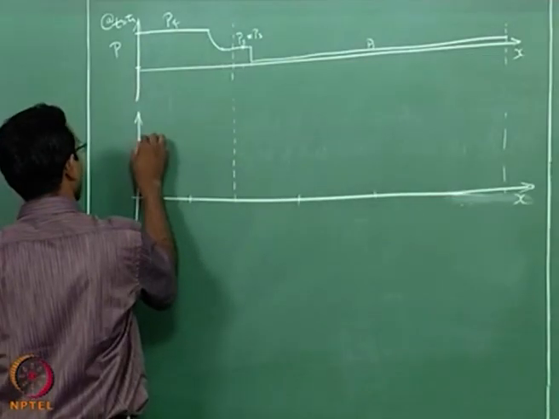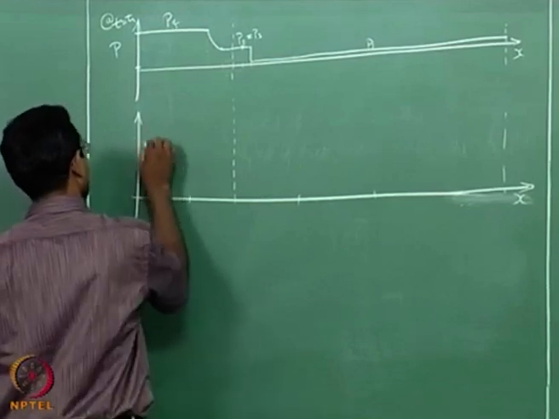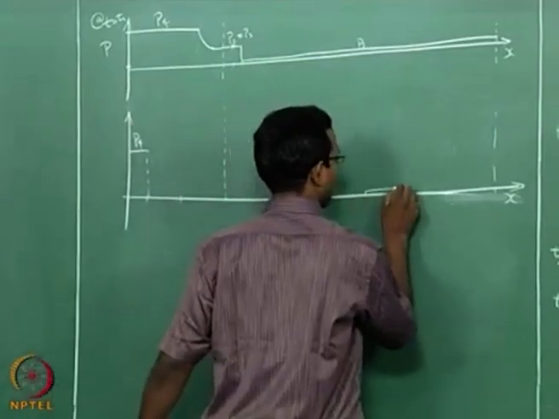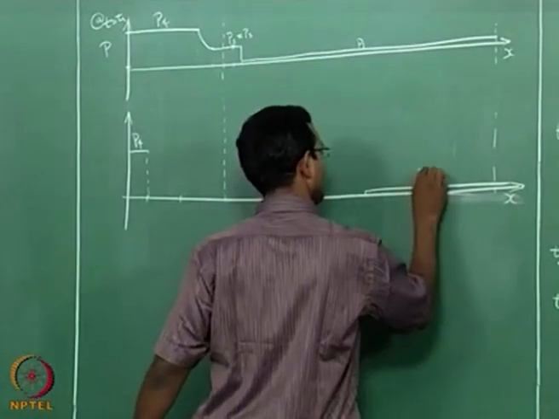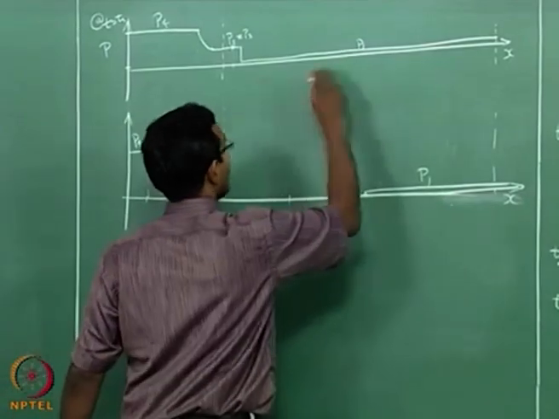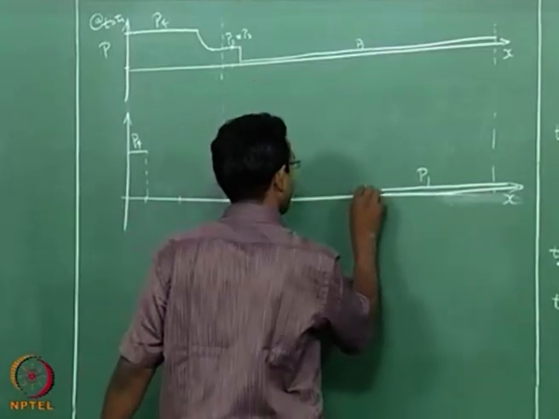Now I can draw P4 should be exactly the same value, and before the shock it is always P1. And we know the shock is the same strength travelling all the way through, so that P2 jump is also exactly the same.